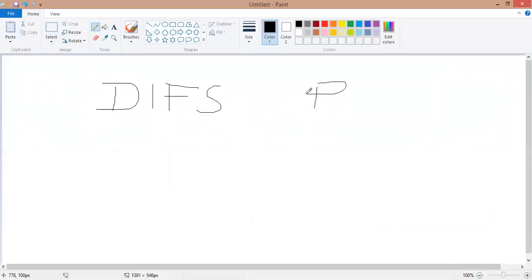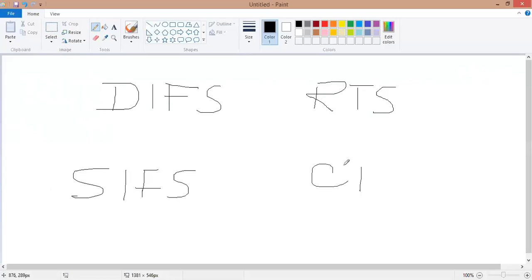Another term, RTS. RTS is request to send. Another term is SIFS. Another term, CTS. What is SIFS? Short interframe space. What is CTS? Clear to send.